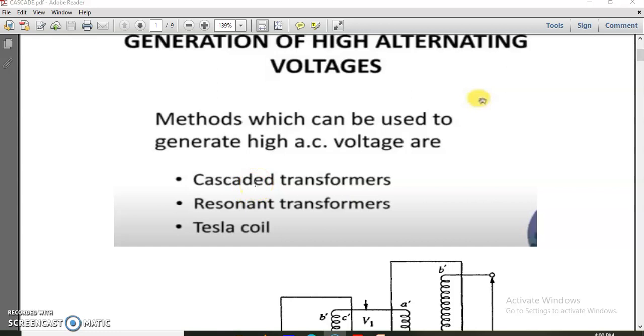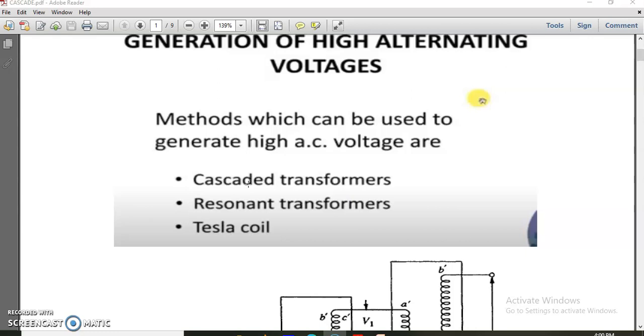But sometimes the impedance of the transformer should generally be less, around 5%, which may give short circuits for 1 minute or more depending on the design.